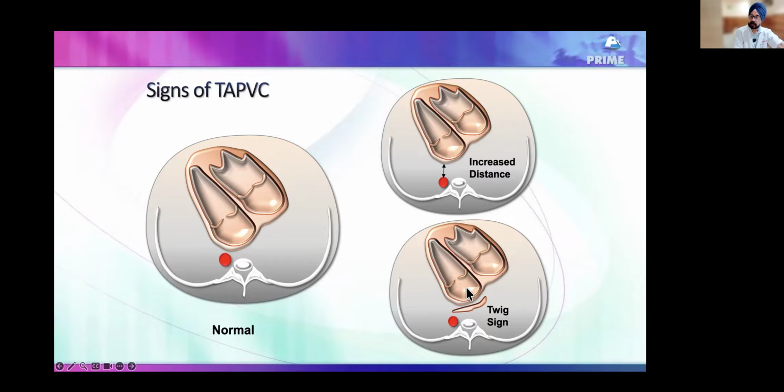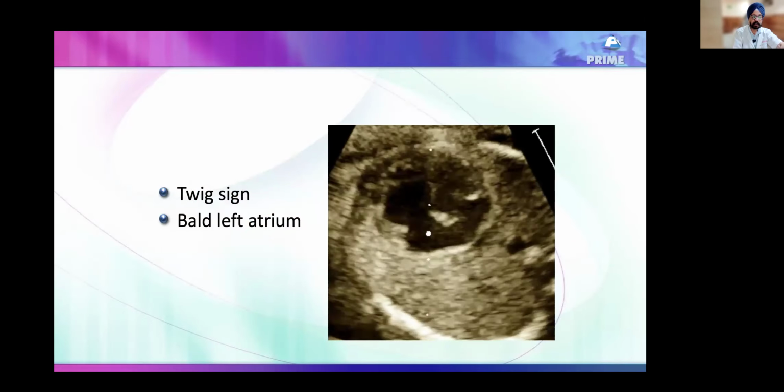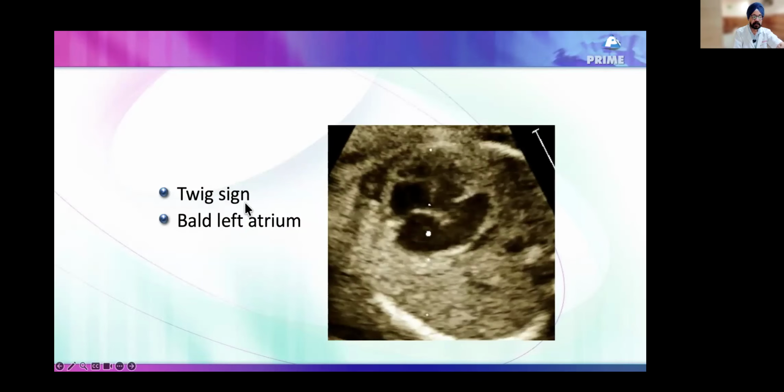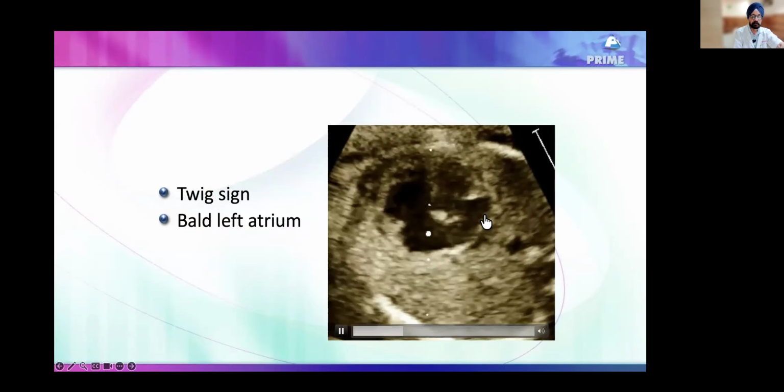So these are indirect signs which are good to look for. Again, I would request, hunt for these. These signs are also too subtle to be picked up on routine scanning. So, showing you the signs. Another sign is a boxy or rounded left atrium.